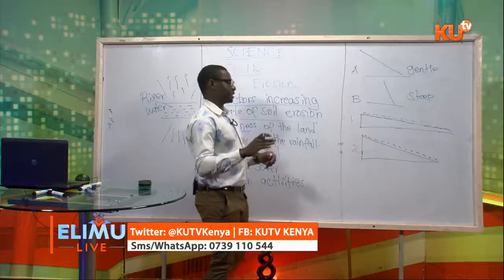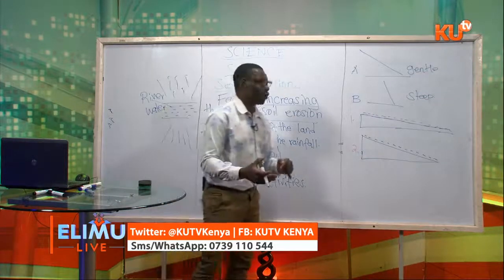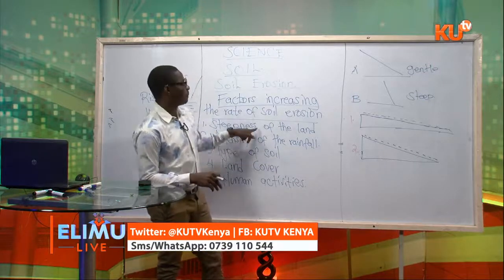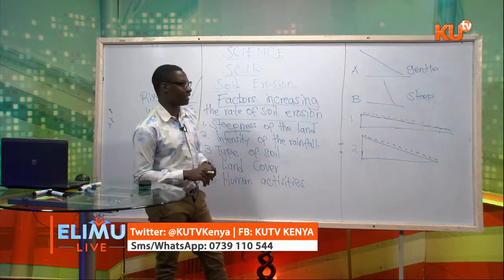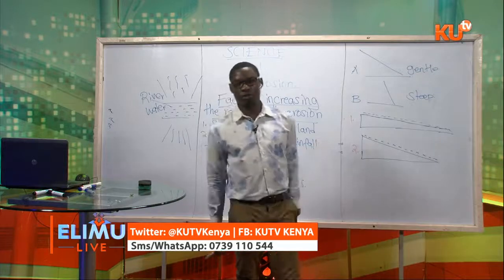Now, the fast flow or the slow flow of water is going to determine the rate of soil erosion. As we said, soil erosion is the carrying of top fertile soil by agents of soil erosion, which we have looked at.